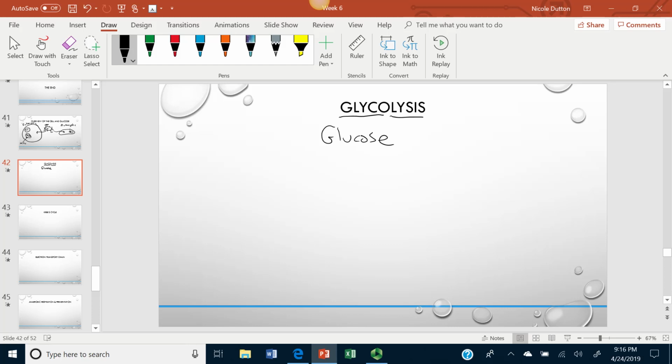So once they happen, there's no going back. The first step, when we have our glucose, glucose gets brought into the cell, and inside of the cytosol, which is where this happens, whether it's a eukaryotic or prokaryotic cell, glucose is converted to glucose 6-phosphate.